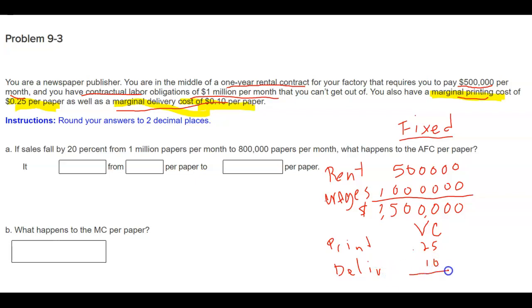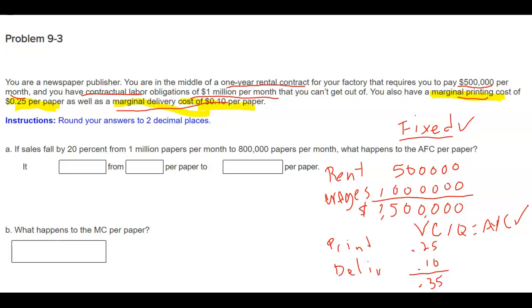So that tells you that our variable cost is 35 cents, and it's actually per unit, right? So that's actually an average variable cost. We're assuming variable cost and marginal cost are equal here. Okay, so now we've laid out the problem. We know our fixed cost and we know our average variable cost.